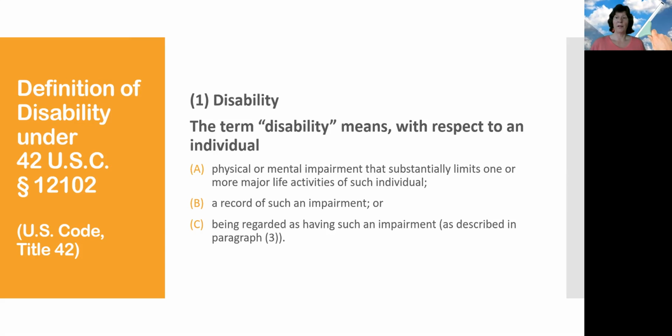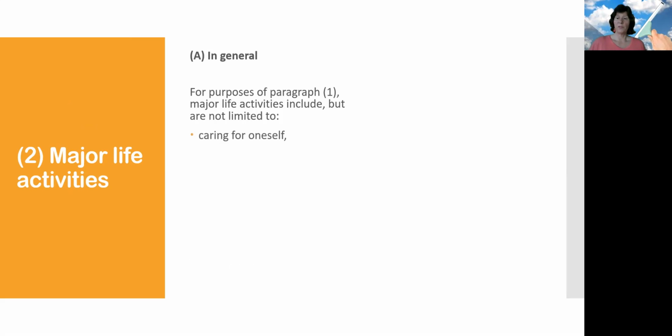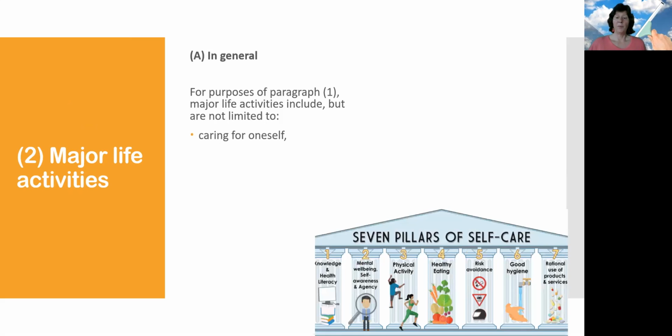We're going to go deeper and deeper in the meaning of this US code. So what does major life activities mean? In general, for purposes of paragraph 1, major life activities include but are not limited to caring for oneself. You need to be able to eat properly, to have physical activities, good hygiene, etc. Performing manual tasks.